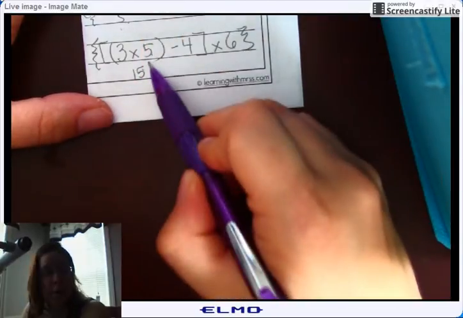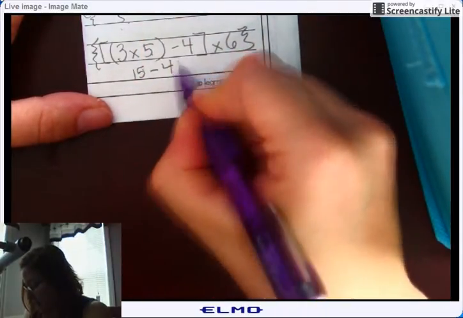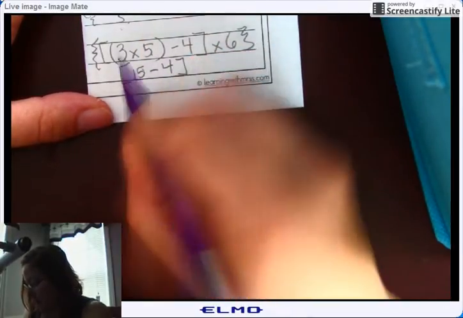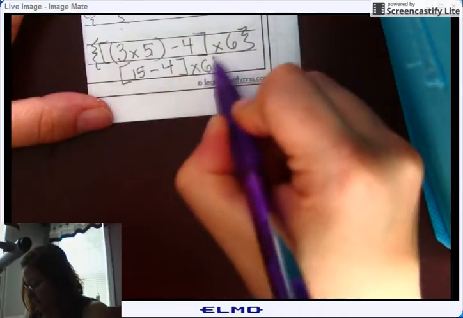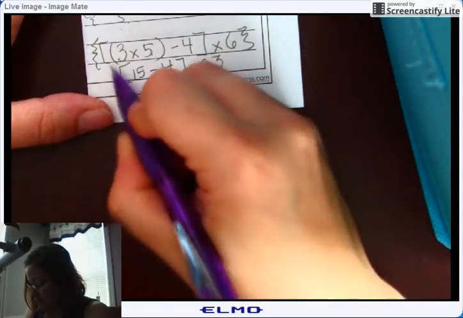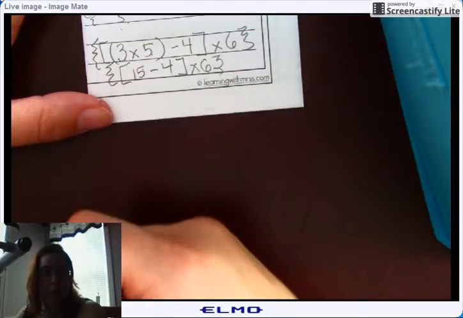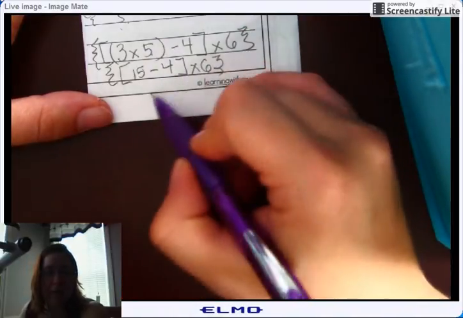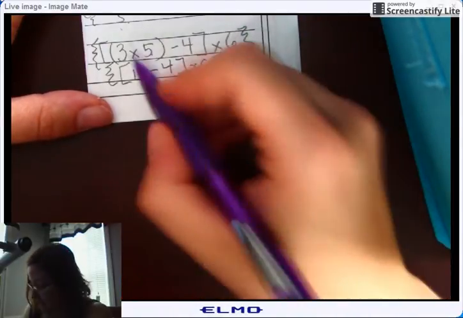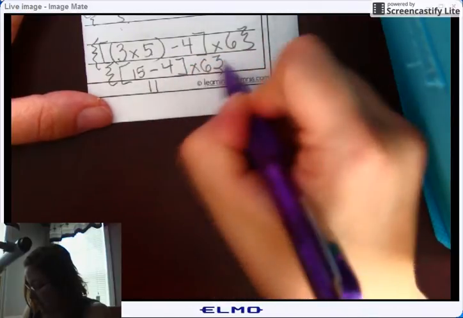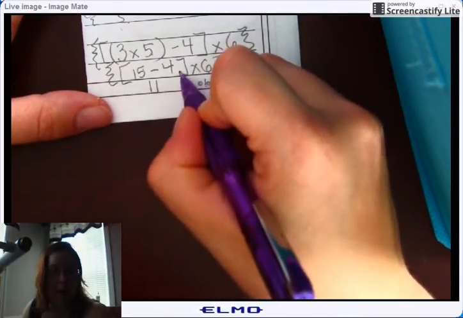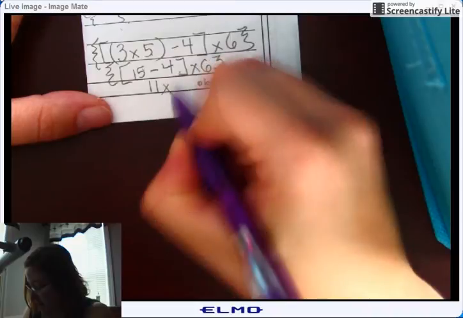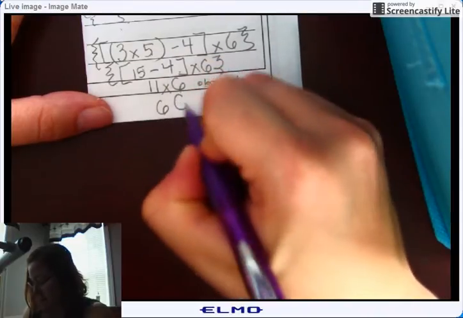Now your parentheses go away. So I'm going to just copy down my equation. And now I have my brackets. And I have 15 minus 4, which is 11. And now my brackets went away, and now I'm left with my braces. And so my answer is 66.